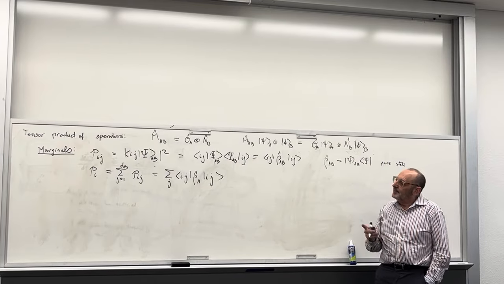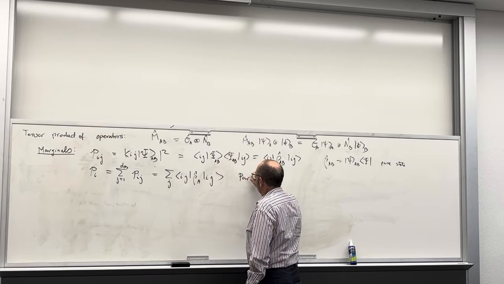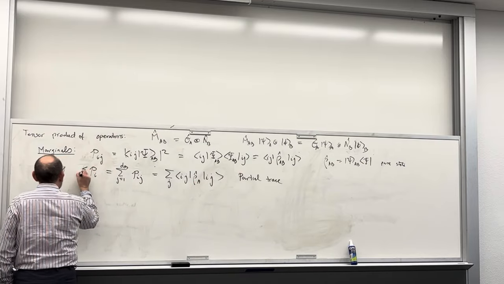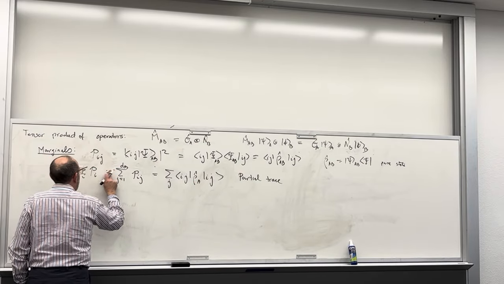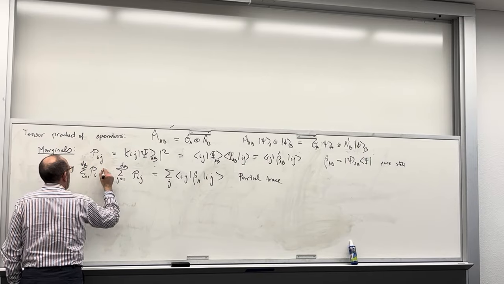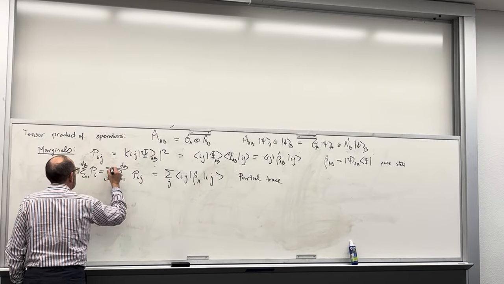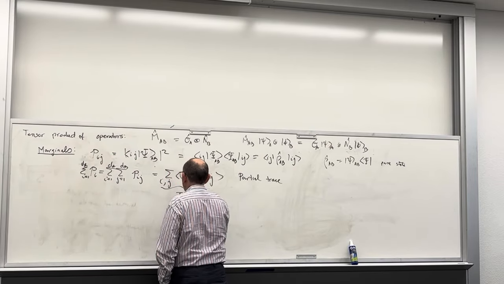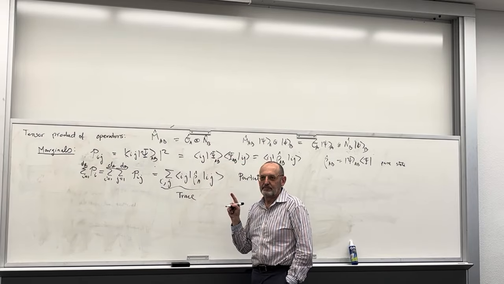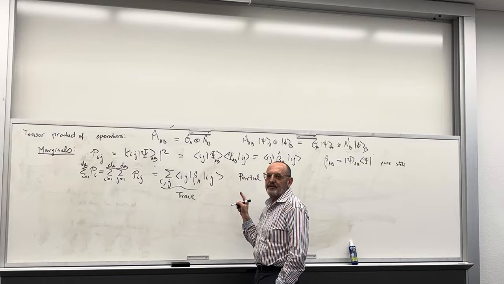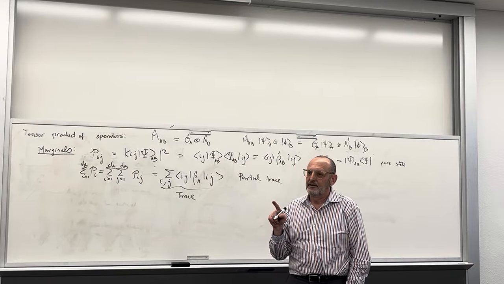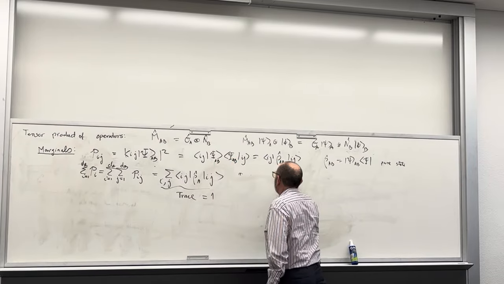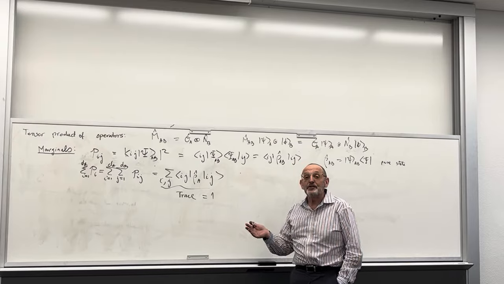According to this, this is called the partial trace. Of course, if I sum over i, that would be the trace of the matrix. And the trace of the matrix is the sum of its diagonal matrix elements, which, if it's normalized, is 1. But the partial trace gives me the marginal probabilities.